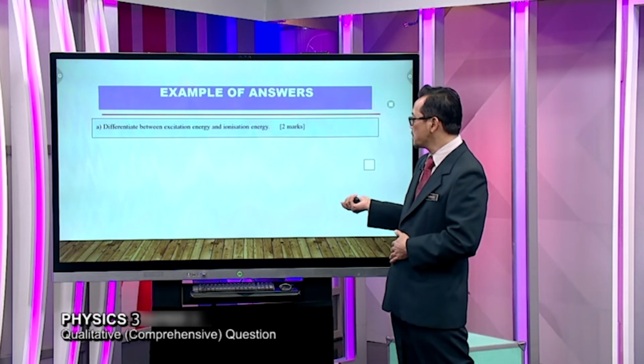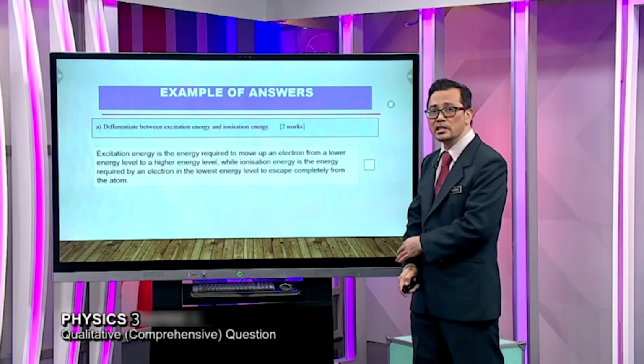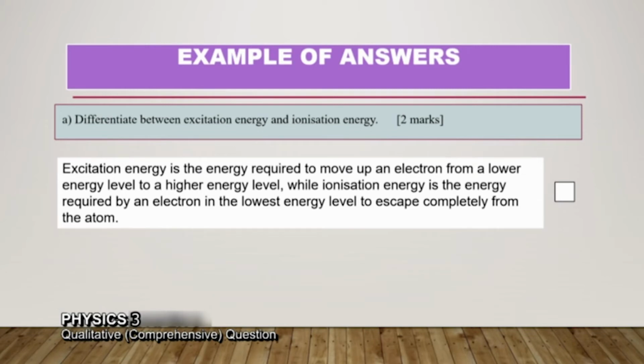Now look at another option. Excitation energy is the energy required to move up an electron from a lower energy level to a higher energy level, while ionization energy is the energy required by an electron in the lowest energy level to escape completely from the atom.